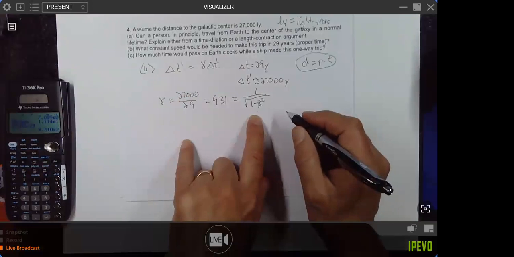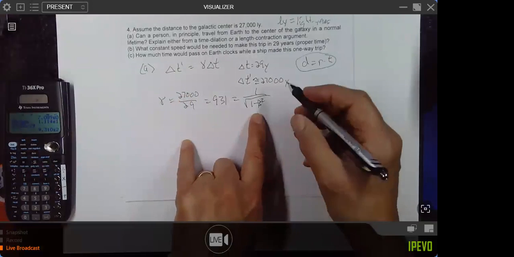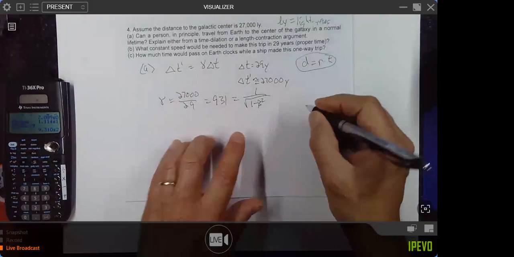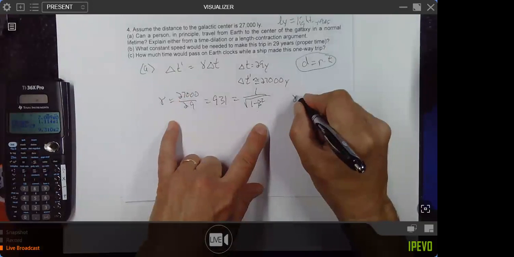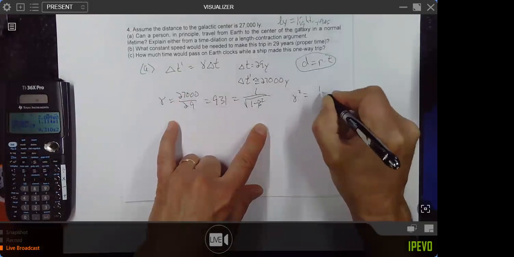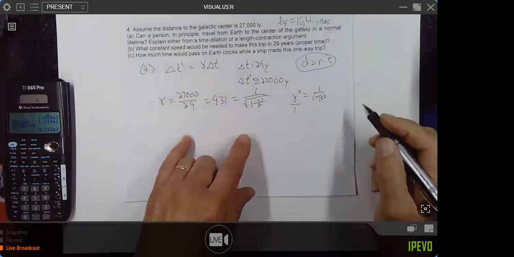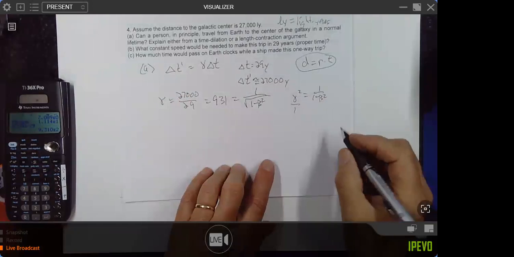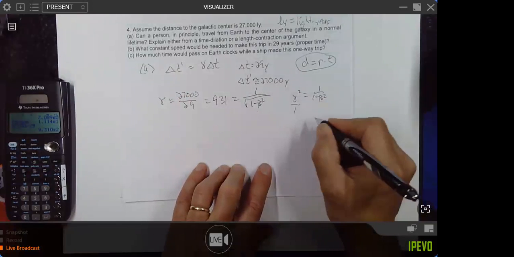Let's see, I've already got a few holes on that wall. So square both sides and I would get gamma squared is 1 over 1 minus beta squared. Think of that over 1. Cross multiply, and I would have, no, I don't want to cross multiply.